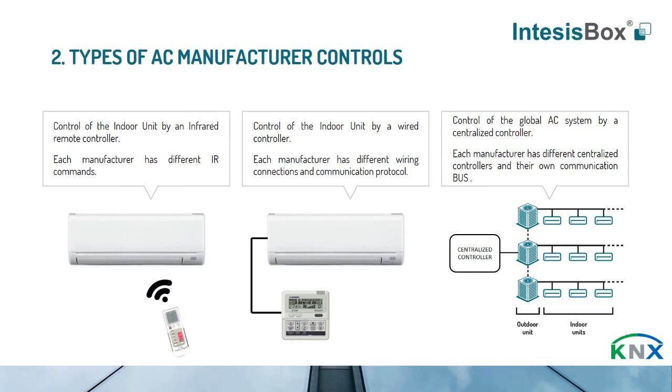Each manufacturer, however, is using different kinds of commands and protocols, and even the same manufacturer sometimes uses different commands with different kinds of remote controls. So there is a really huge variety of remote controllers that you can find in the market.